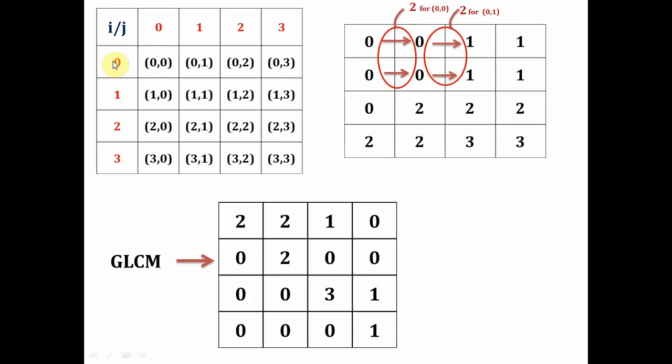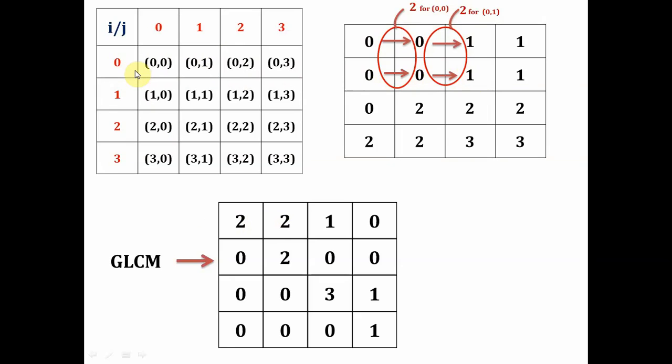First you start from 0 and 0. How many times will you find a 0 0 combination? 0 0 once, 0 0 twice, so you write 2 for 0 0. Now 0 1: how many times will you find the 0 1 combination in the 0 degree direction at distance d equal to 1? Two, so you write 2.